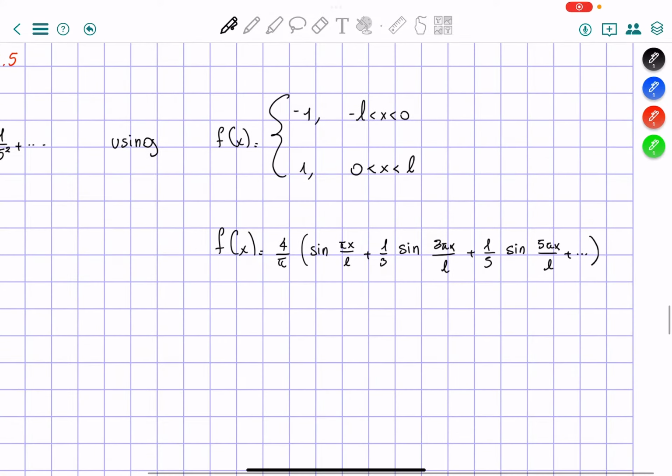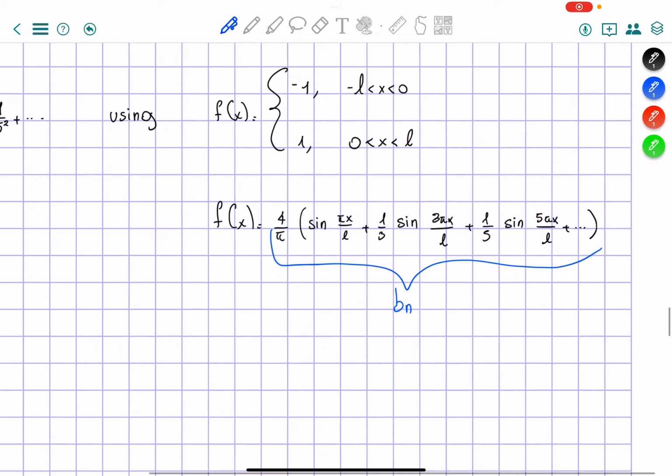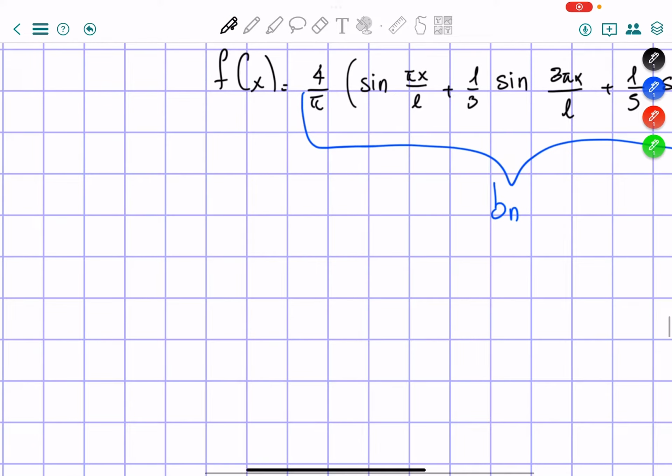Alright, so as you can see, I have no a naught. Actually, I have no a. This thing is all b n. So b n is actually equal to what?